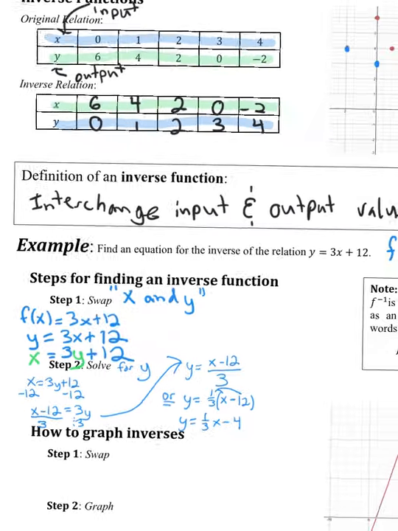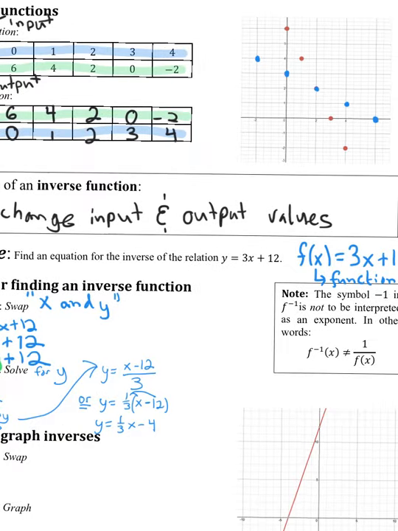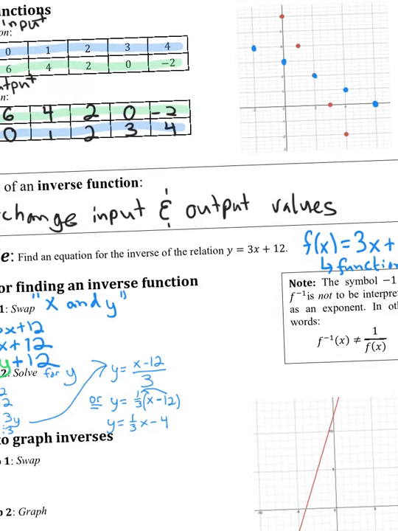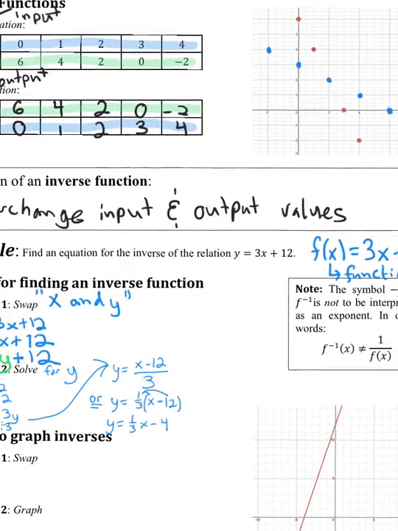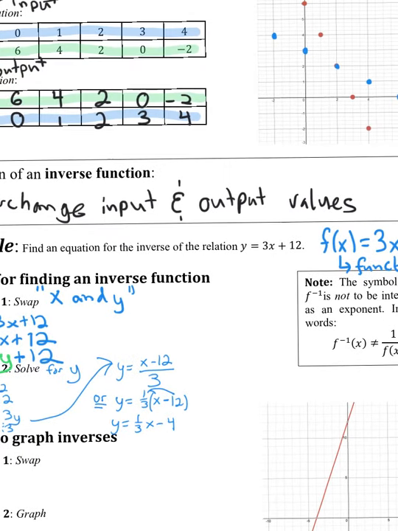One more quick note here. I have a note over here, this f minus 1 symbol, and what that is, if I take our answer here, I could technically rewrite this as f inverse of x equals x minus 12 over 3. So this is our example of inverse function notation.